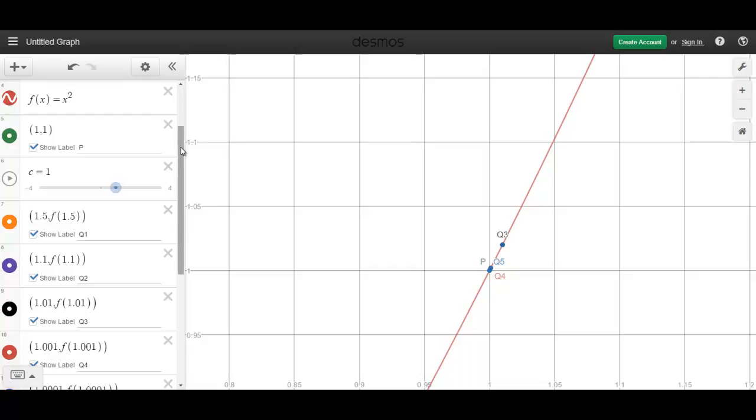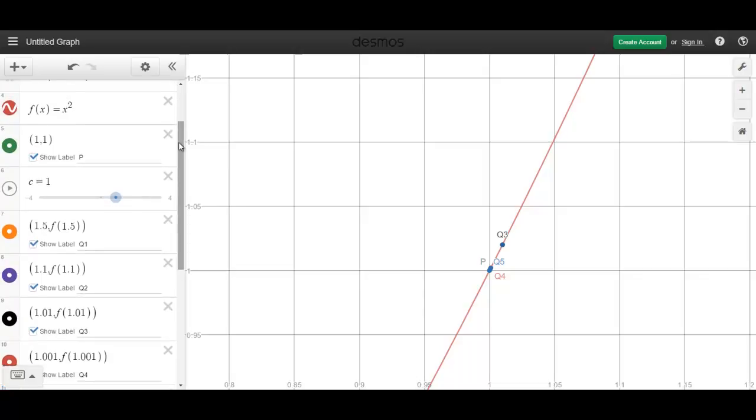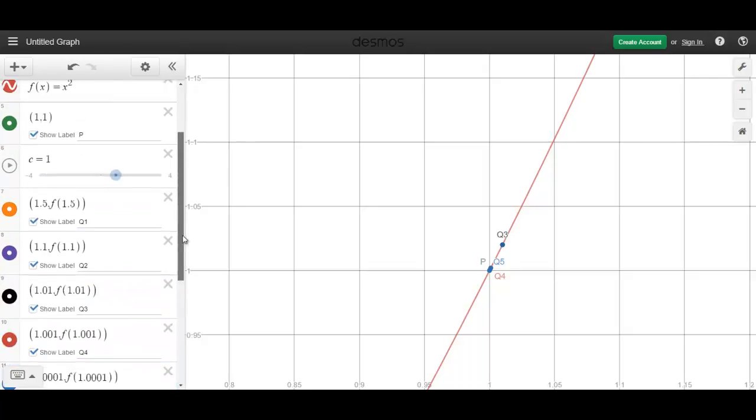I've done this hundreds and hundreds of times, and we're making a video, so I'm going to do it by calculator real fast. Again, we want to find the equation of a line through 1, comma 1, and then 1.5, comma 2.25.